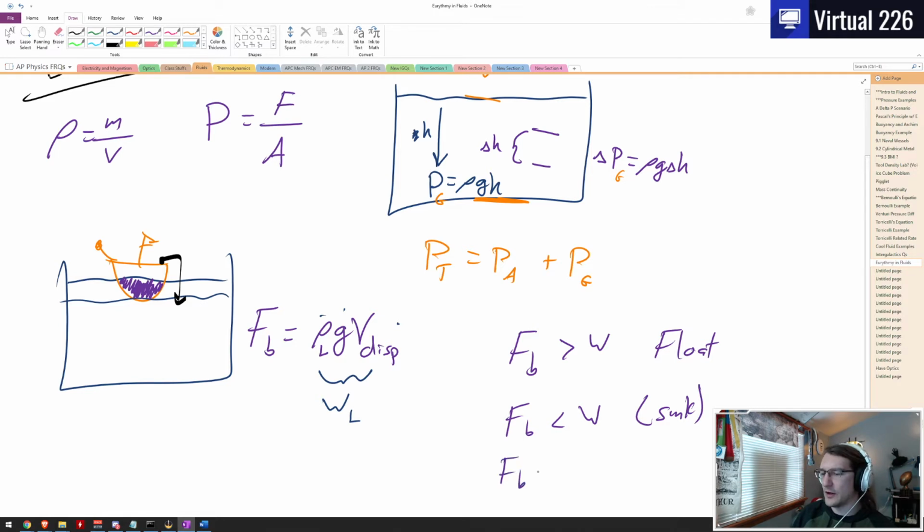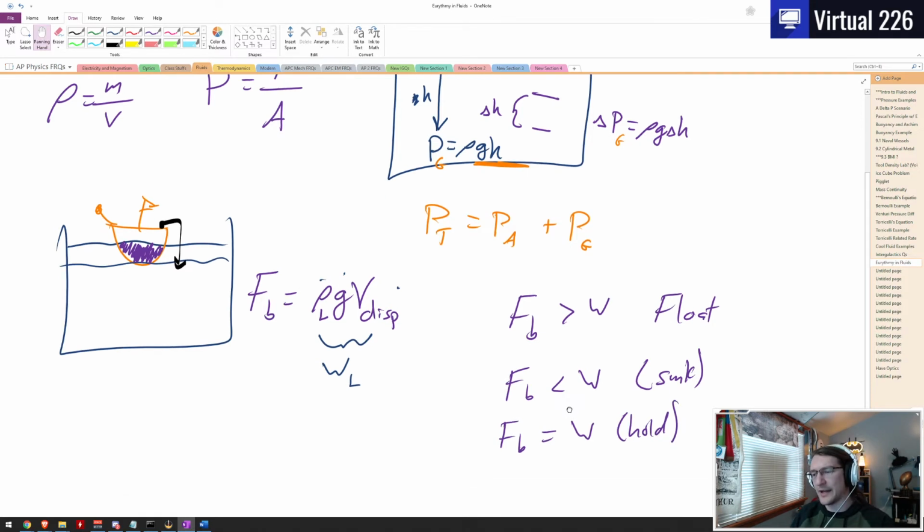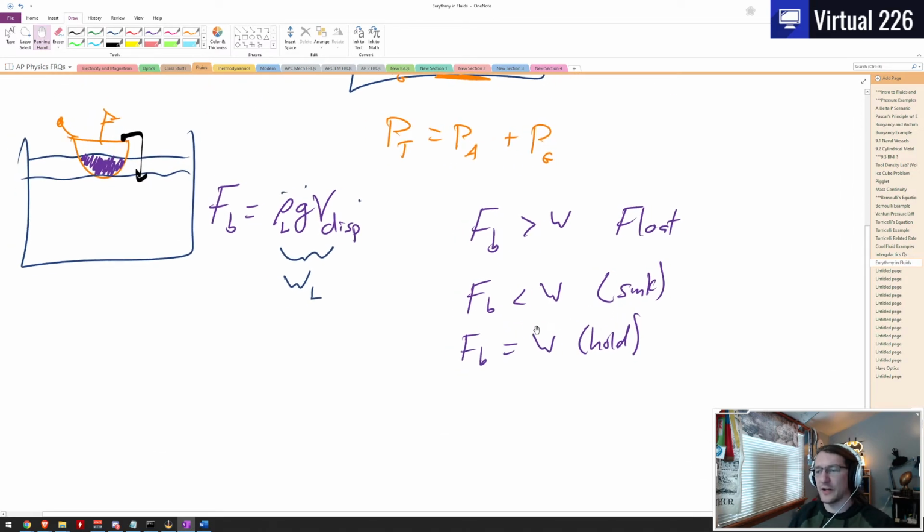And if they are equal, then you're going to hold position. So wherever you're at, you're just going to stay there. It's very similar to you just moving with whatever velocity you had initially, and nothing's happening to you.